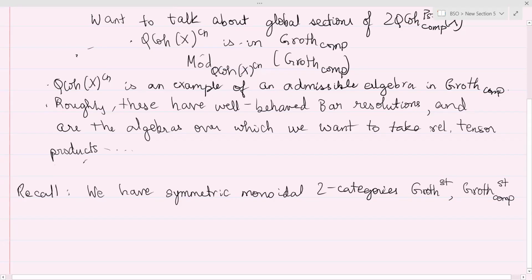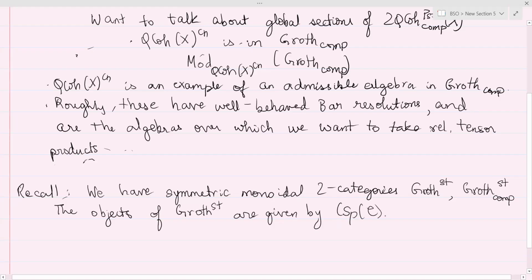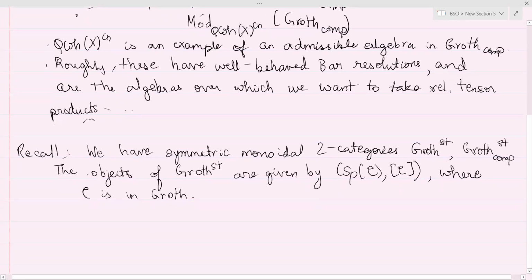The objects of Groth^{ST} are given by a tuple of the following kind, where C is Groth-ST prestable. And the comp version is of course a subcategory of this.